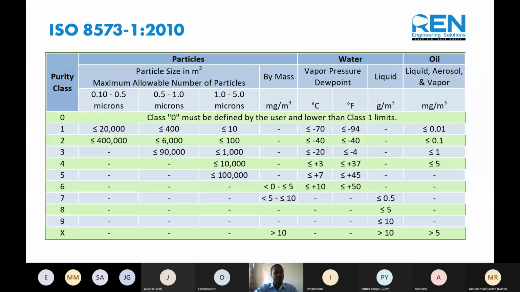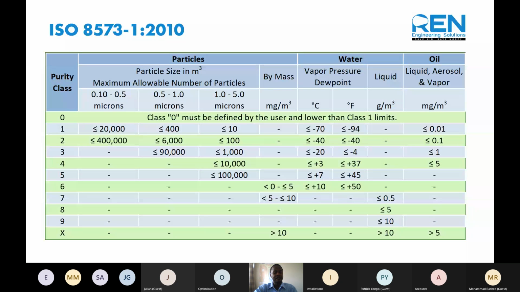Class 2 for water means negative 40 degrees Celsius pressure dew point, which can be provided by a desiccant dryer. And class 1 for oil means less than or equal to 0.01 milligram per meter cubed of oil.